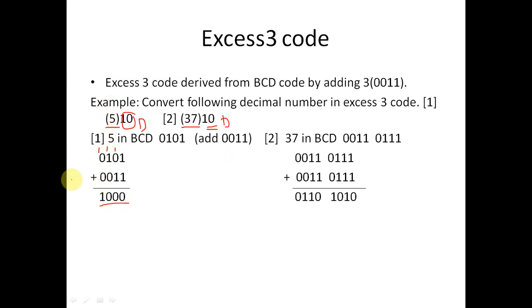Now the second example is 37. First, each digit of the number is converted into BCD code. 3 is converted into BCD as 0011 and 7 is converted into 0111.